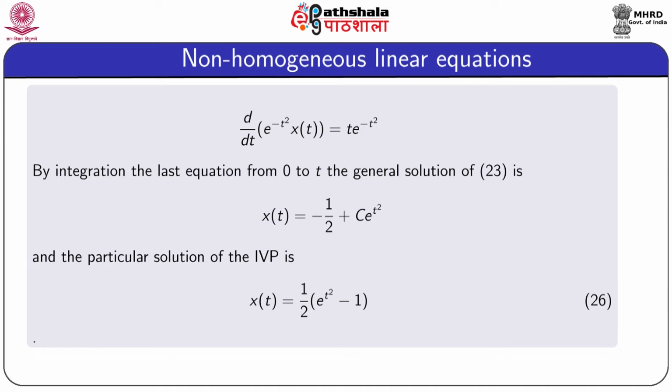Now, if you integrate this from 0 to t, you will get the solution as x t equal to minus half plus c e to the power t square, where c is the integrating constant. And for a particular solution of this initial value problem, we will get x t equal to half of (e to the power t square minus 1).